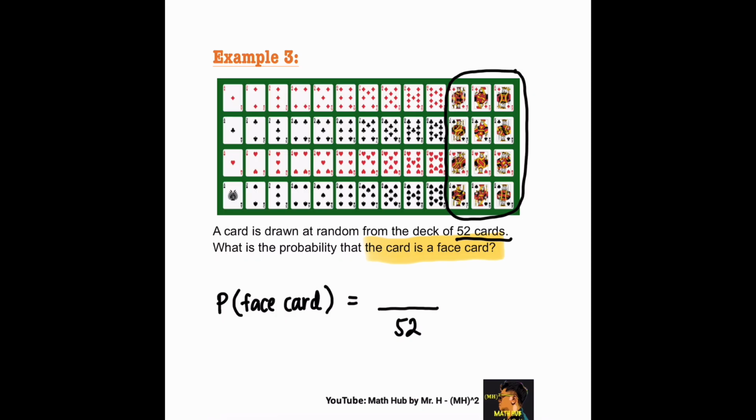We have 1, 2, 3, 4, 5, 6, 7, 8, 9, 10, 11, 12. So there are a total of 12 face cards that will make up the numerator of the fraction. So 12 over 52, and we can simplify that to 3 over 13. This is the answer to question 3.